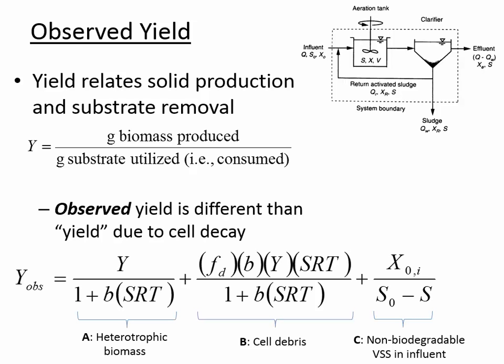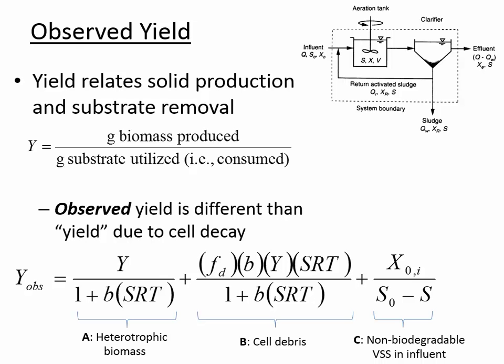Well, observed yield, what we actually get in the field, is different from this lab value of theoretical yield. Y is maybe something that we would derive in the lab in a batch process over the short term. But over the long term, in an actual wastewater treatment plant, we're going to have b, endogenous decay.